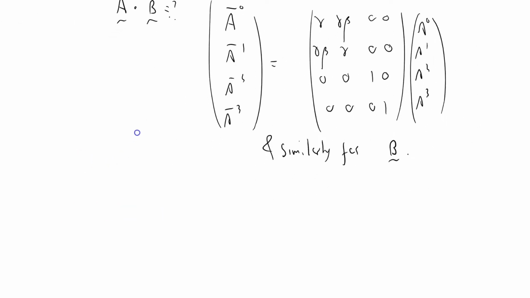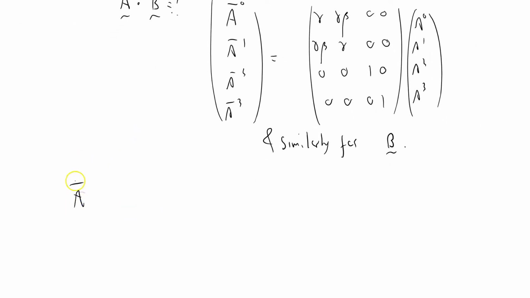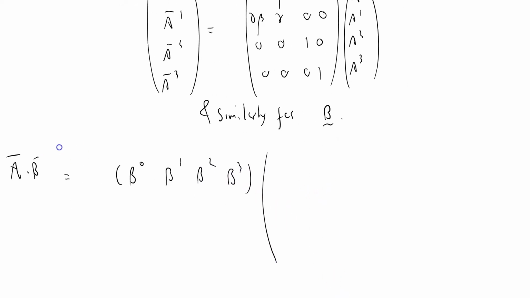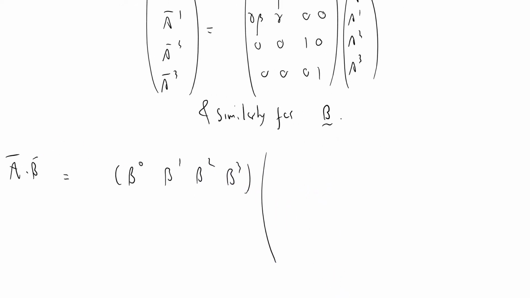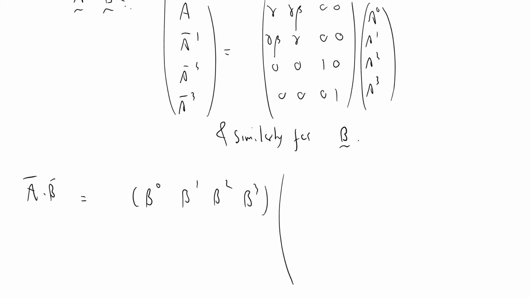So now we can take a dot product of these two things. A bar dot B bar equals B0, B1, B2, B3, and I'm not making this explicit, but I'm actually taking the transpose of the matrix, but it's symmetric anyway, so I don't need to worry about that.